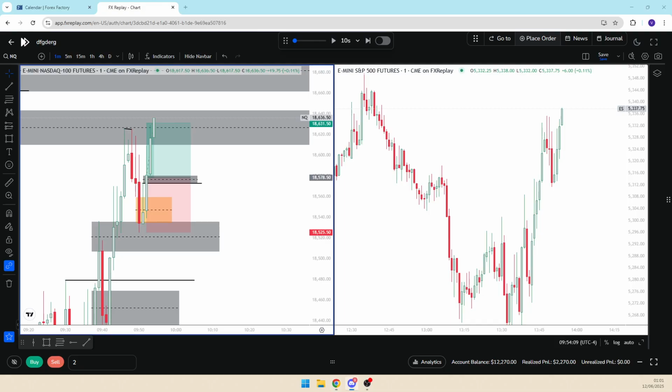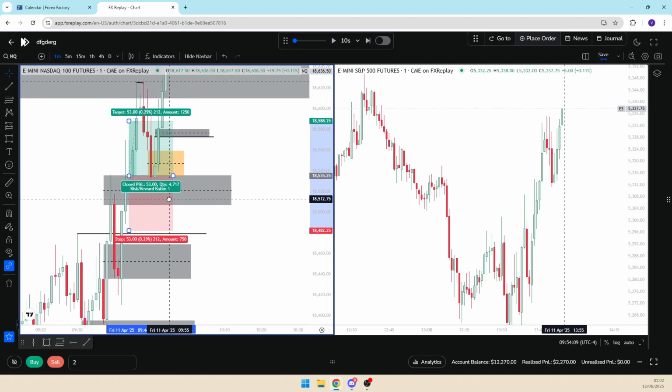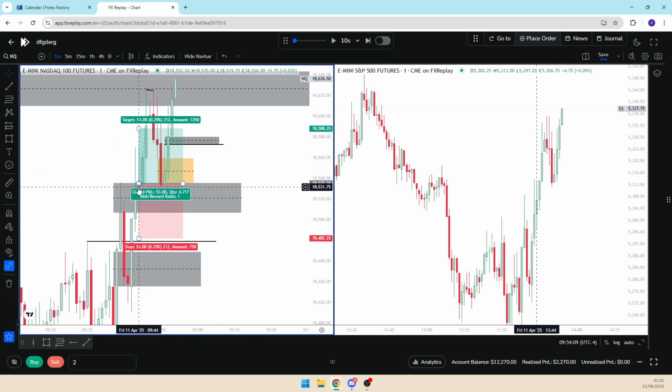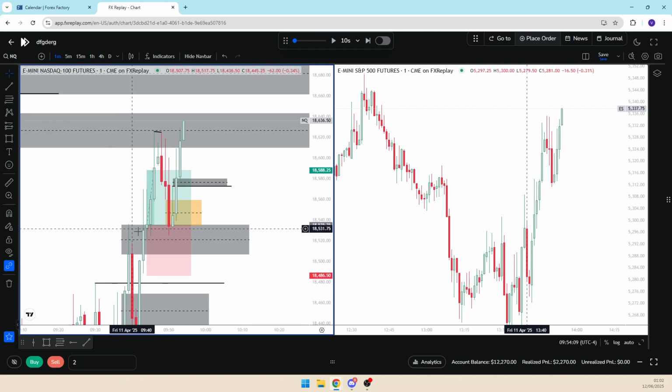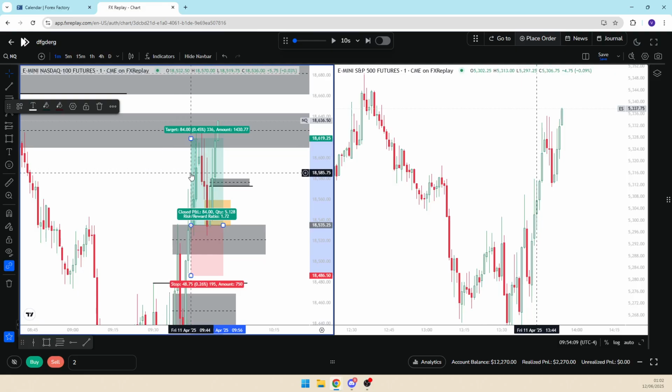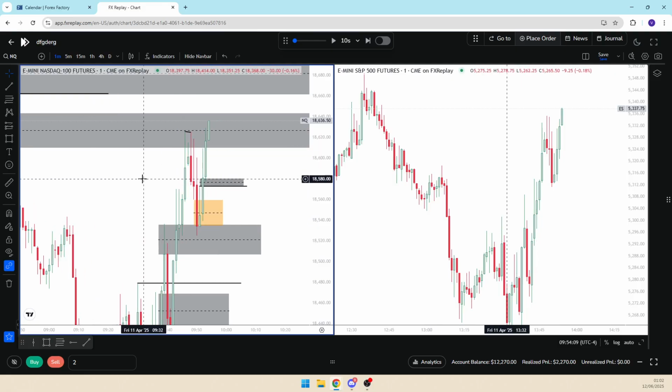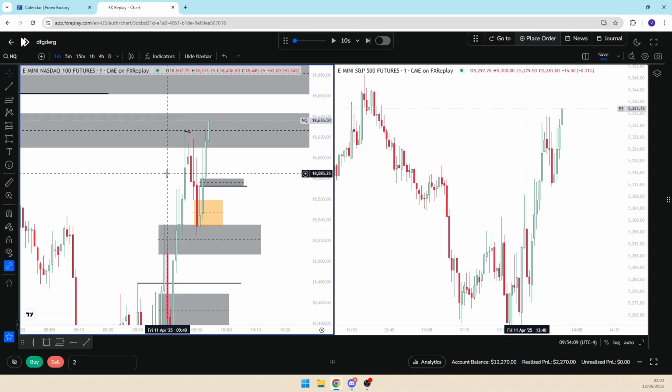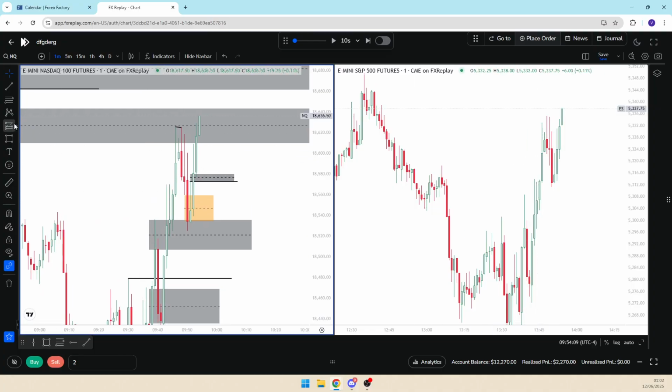You don't want to enter yourself in this place, you do as much as you want. Sheldon, yeah, to be honest, you could have taken it. You could have taken the entry there, stop loss below here, and the take profit at the 5 minute order. This was a valid entry. I just don't like to enter really early in the macro, before the macro. It's my preference, to be honest.